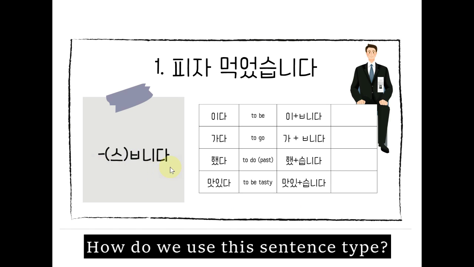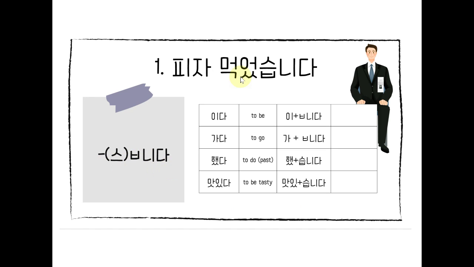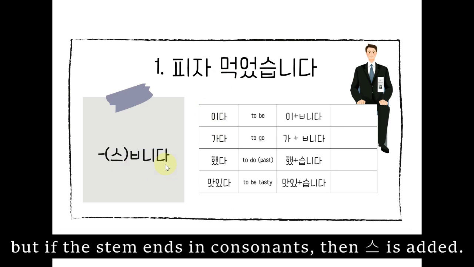How do we use this speech type? The basic rule is if the stem ends in vowel, then you attach 비읍니다. But if the stem ends in consonant, then 스 is added.